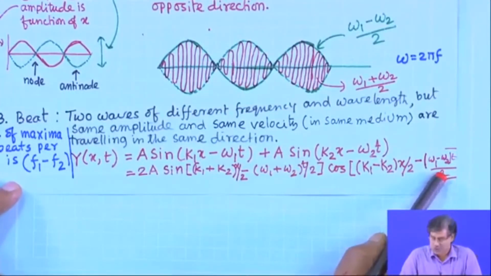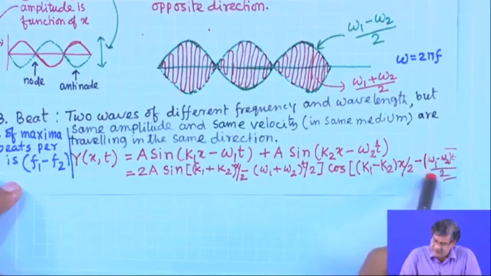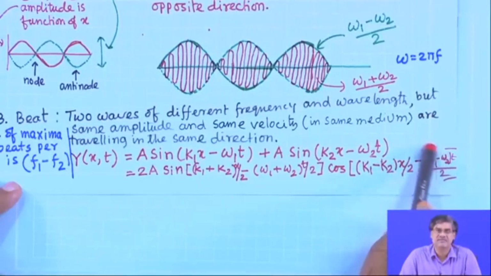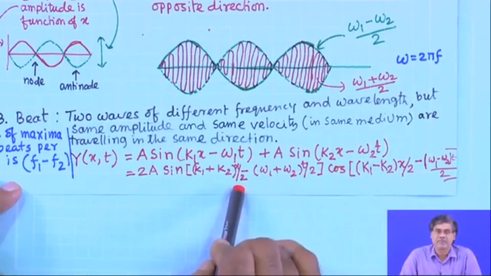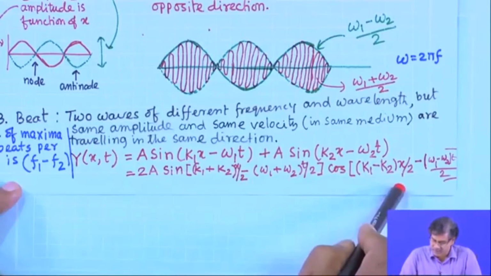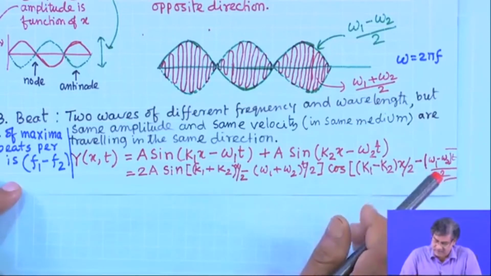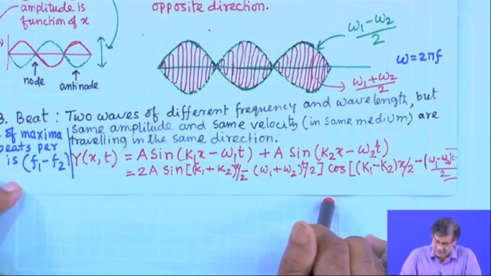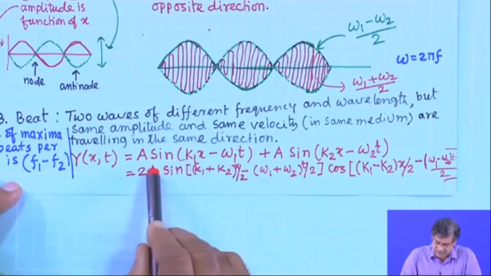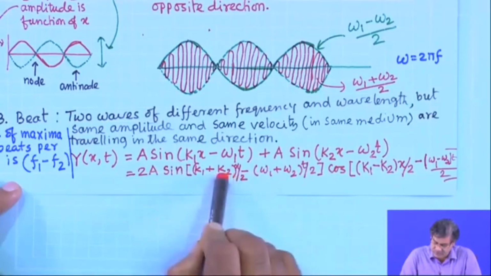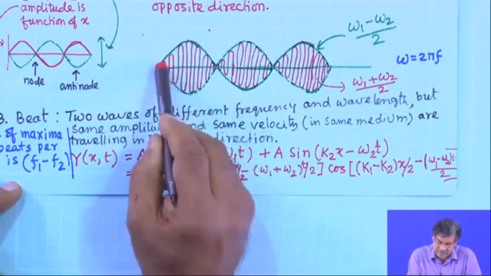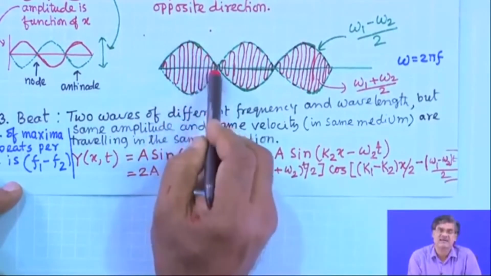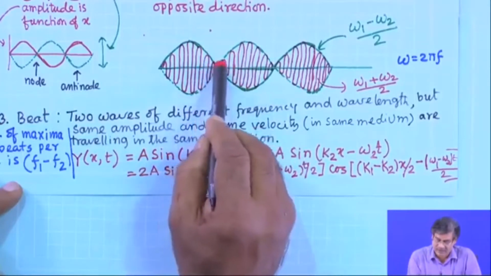The difference frequency means a lower frequency, and this is the higher frequency. If you plot them with respect to space and time, this part with higher frequency is oscillating like this.